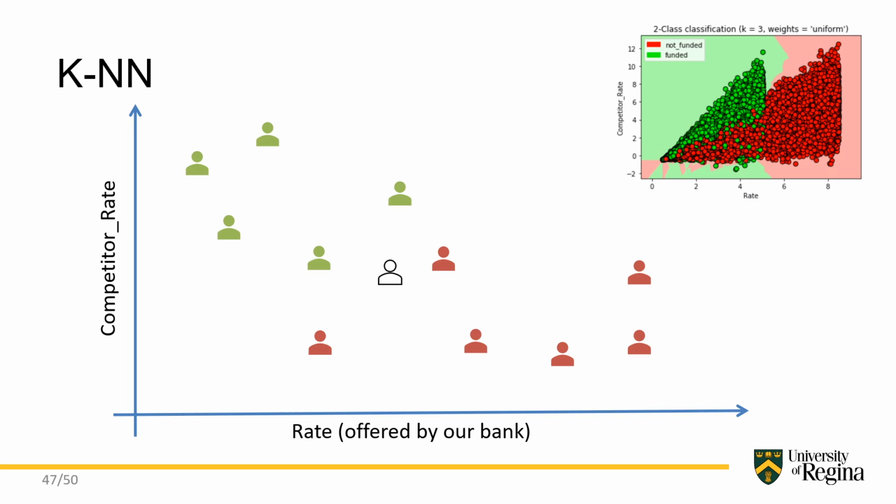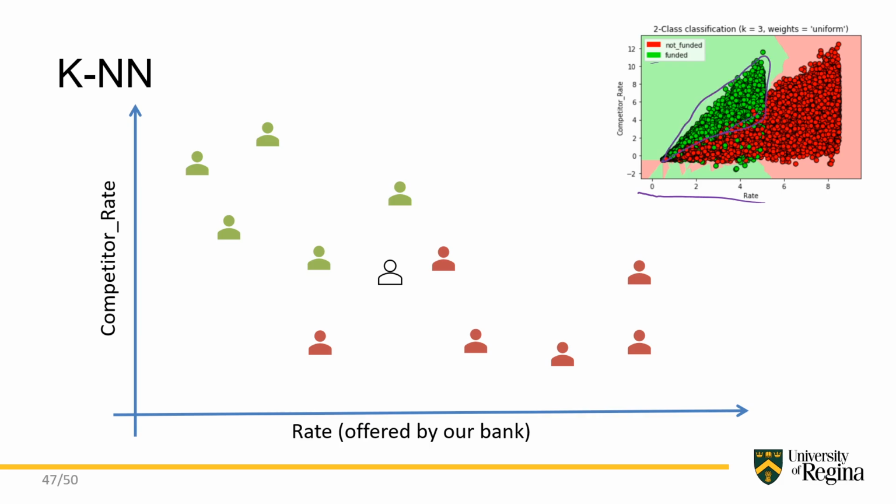And you could see that for higher rates, if the bank offers a very high rate, most of them will not be funded anyway. If they offer a better rate, you see these green areas, the applications are usually only funded if, you see, the competitor rate.